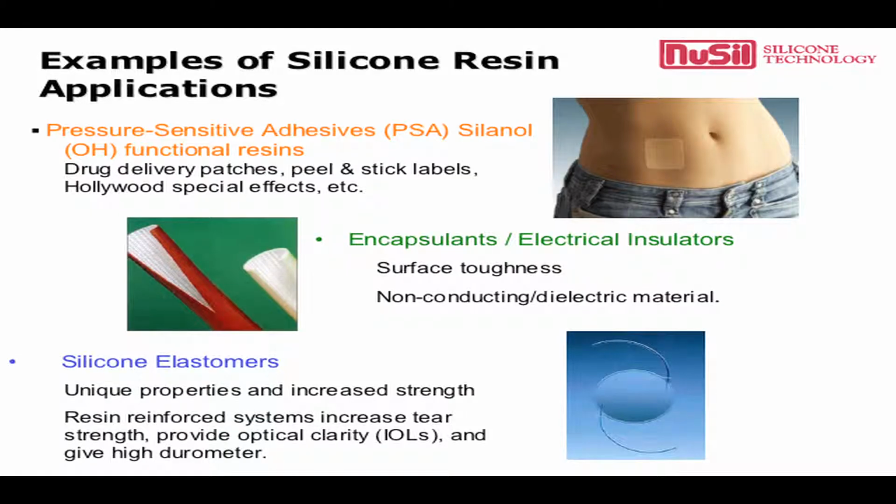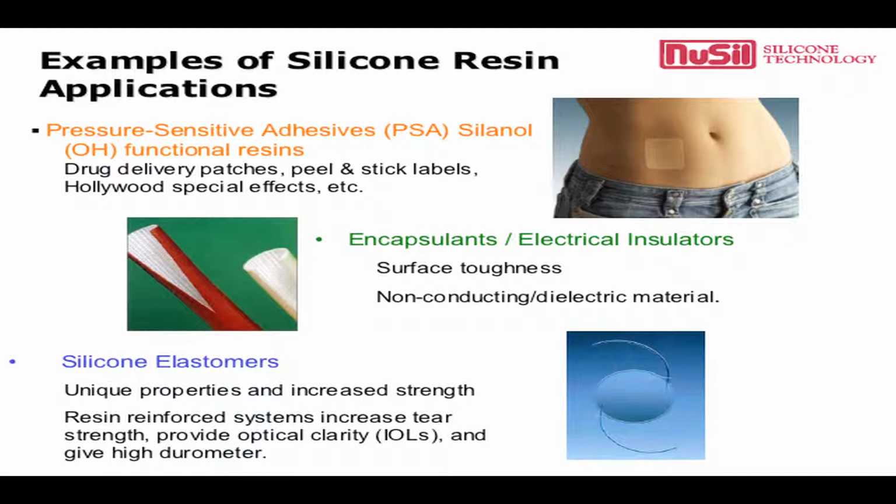Couple other things with silicone resins, PSAs, so drug delivery patches from Nicoderm to birth control, Hollywood special effects. Typically they're solvent-borne PSAs that have resin in them as the reinforcing agent. So think of that patch in the top picture, that doesn't need a lot of strength.